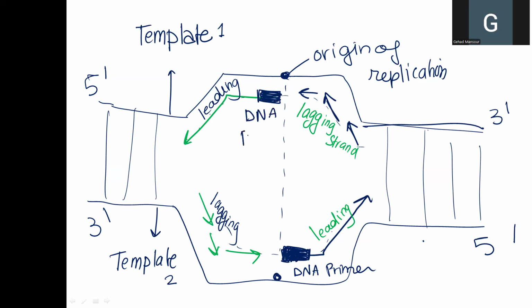So at each origin of replication, where we start the process of replication, we will have a DNA primer. The DNA primer is built in the direction 5' to 3', and similarly here, it is built in the direction 5' to 3'. And then, as we said, the Okazaki fragments will join together the DNA strands.